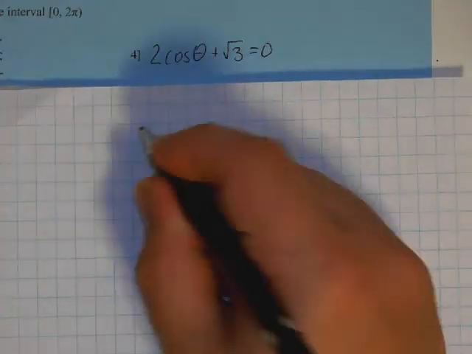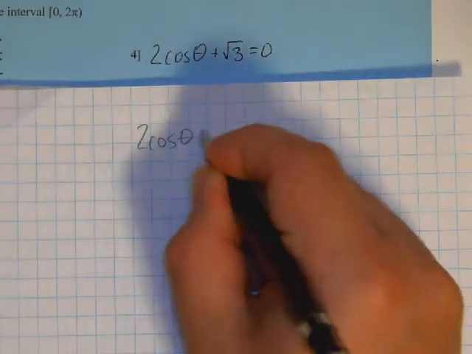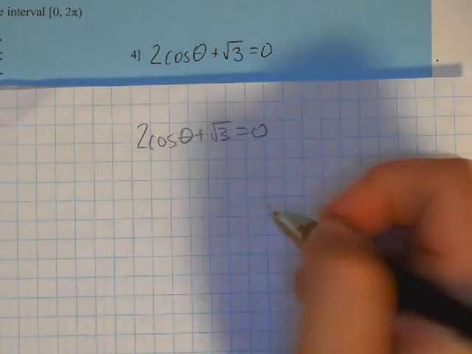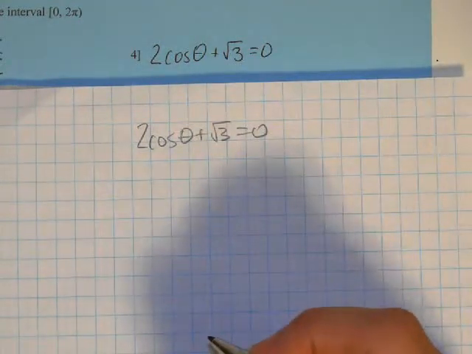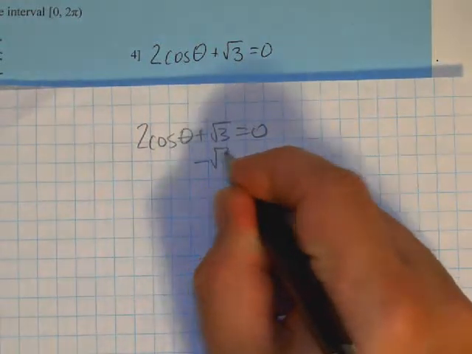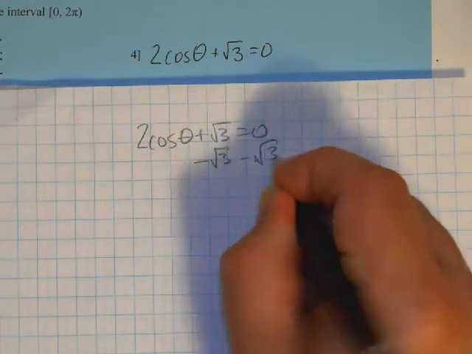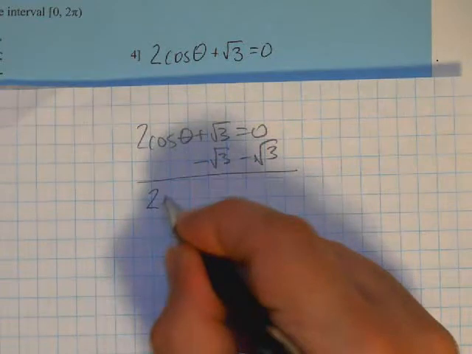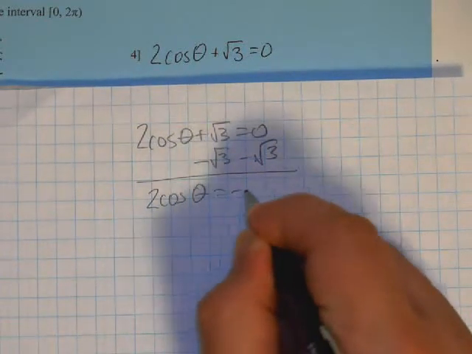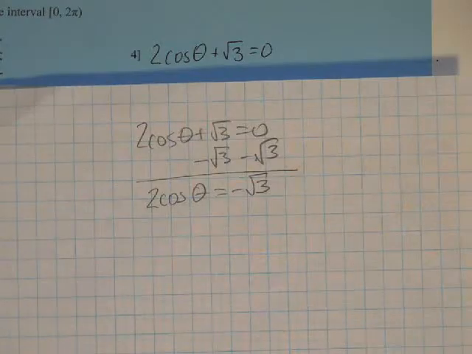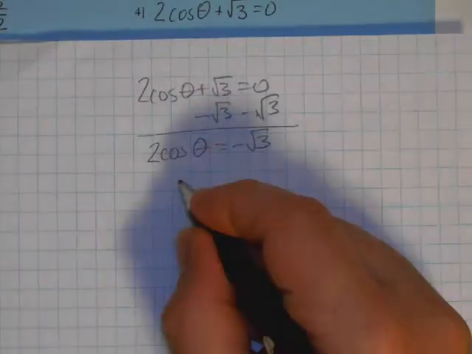Okay, number 4, we've got 2 cosine theta plus radical 3 is equal to 0. So we want to get the cosine theta by itself. We'll subtract radical 3 from both sides, and then we'll divide both sides by 2.